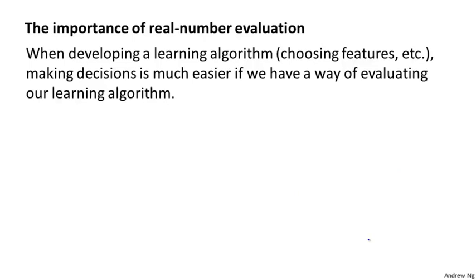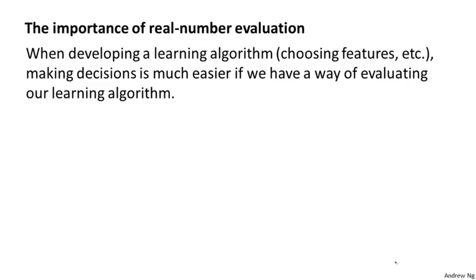So if you're trying to decide, I have an idea for one extra feature, do I include this feature or not? If you can run the algorithm with the feature and without the feature and just get back a number that tells you whether adding this feature improved or worsened performance, then it gives you a much simpler way with which to decide whether or not to include that feature.